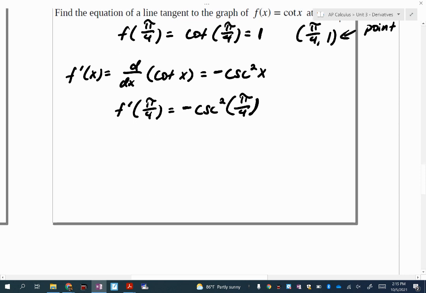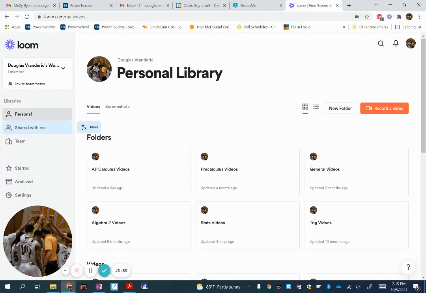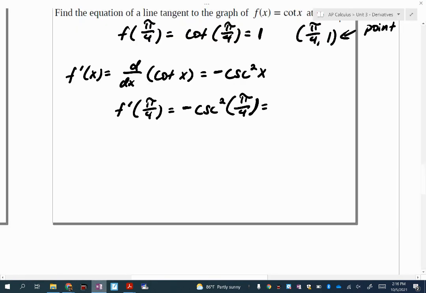The way that I'm going to do it is I'm going to rewrite this as the opposite of cosecant of pi over 4, squared. So I'm going to find the cosecant of pi over 4, then square it, and then do the opposite of that. All right, so let me go to my formula sheet.